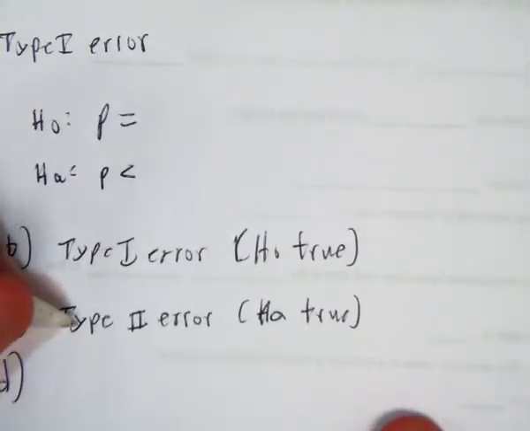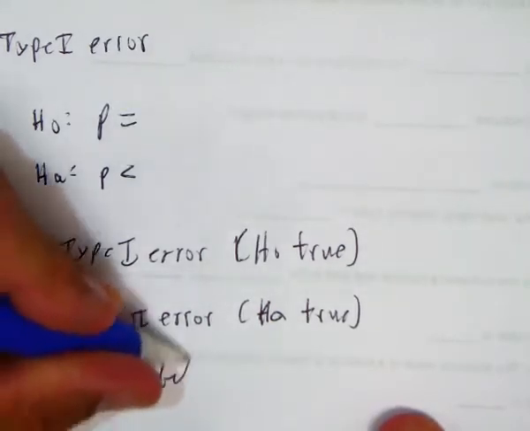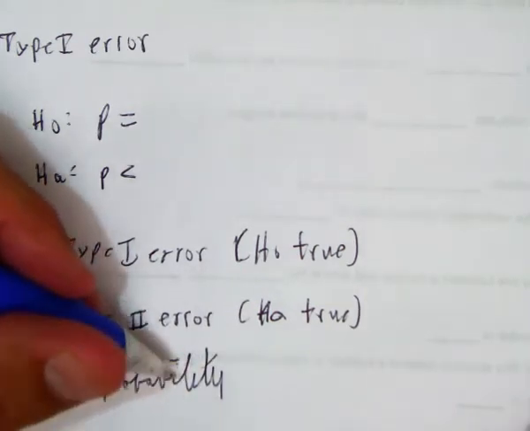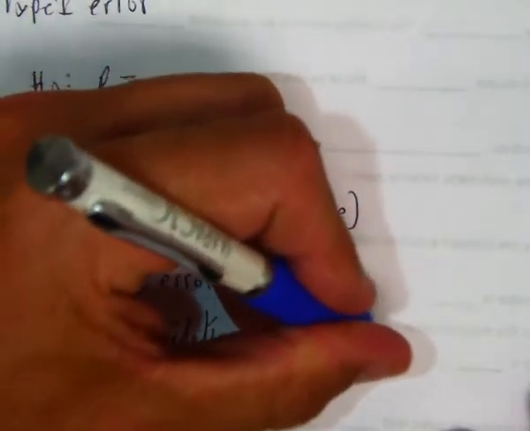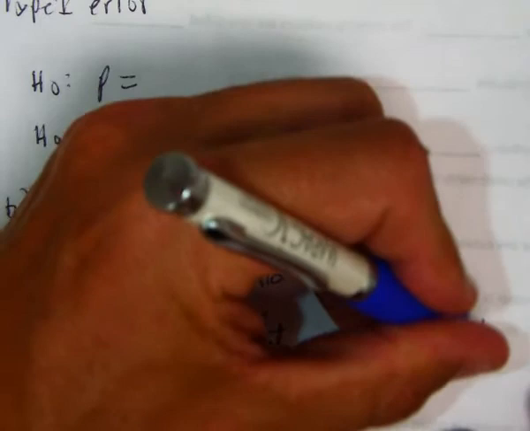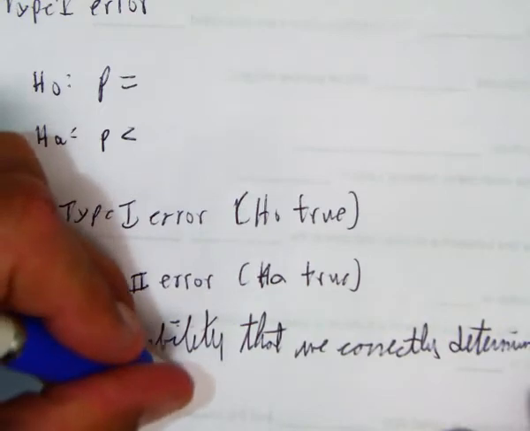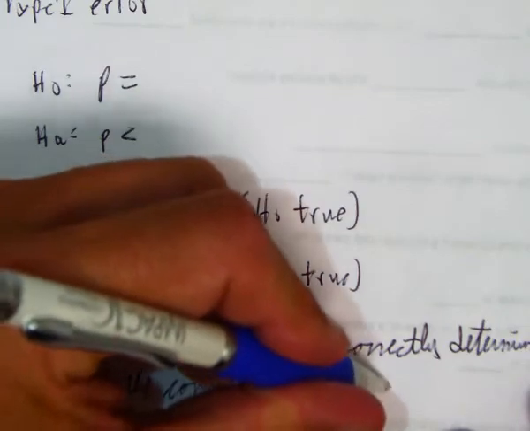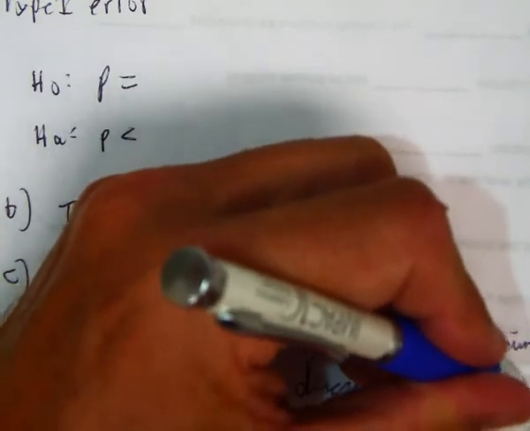So in this case, the power of the test is the probability that we correctly determine that the company is discriminating against minorities.